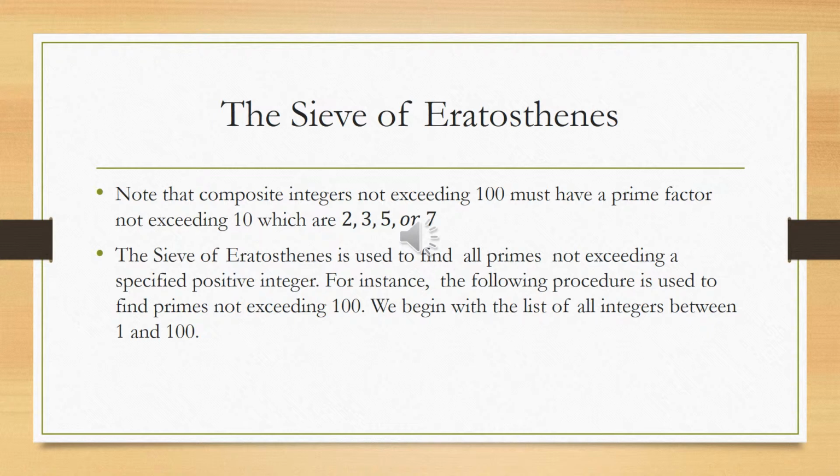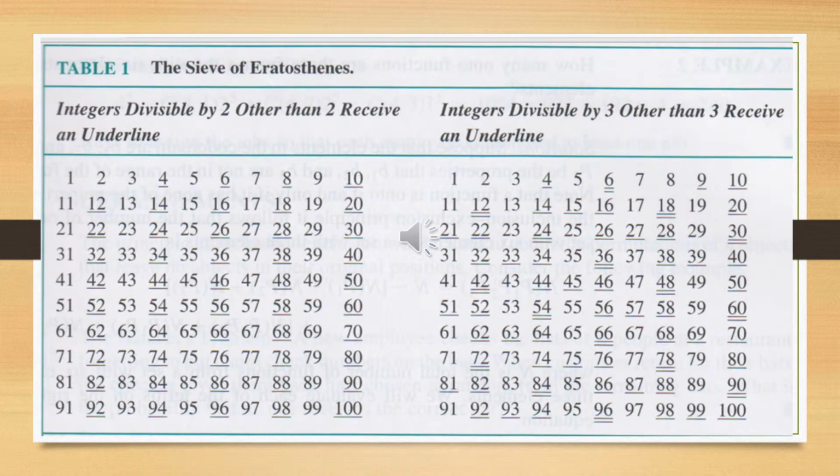For instance, the following procedure is used to find primes not exceeding 100. We begin with the list of all the integers between 1 and 100. So this is table number 1 used by the sieve. The integers divisible by 2 other than 2 receive an underline.